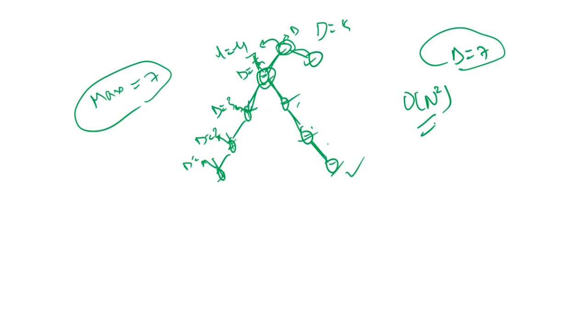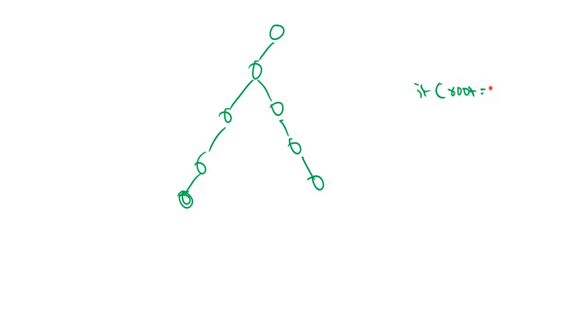So the efficient solution is like this. Suppose with the same binary tree, starting from here, I will write the statement: if root is equal to null, I will just return 0.